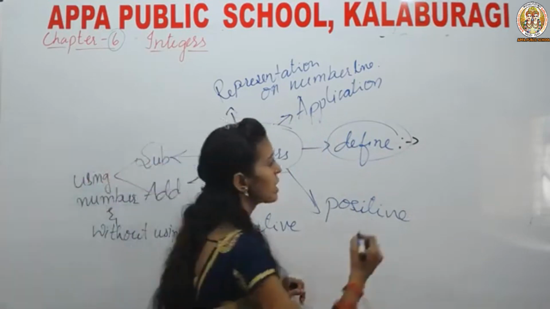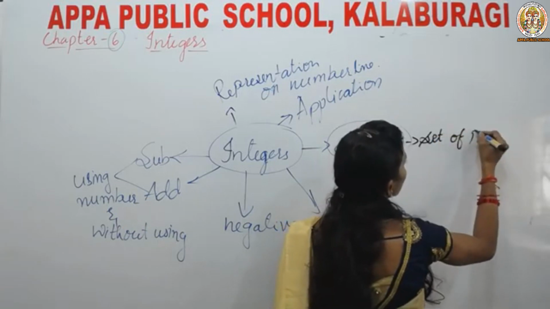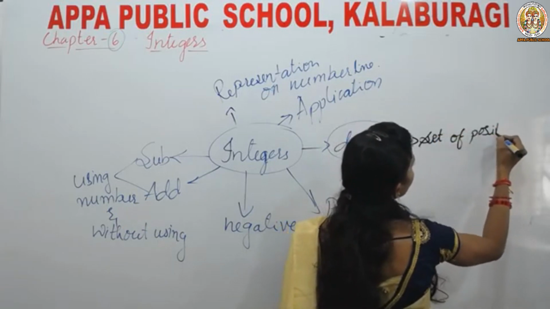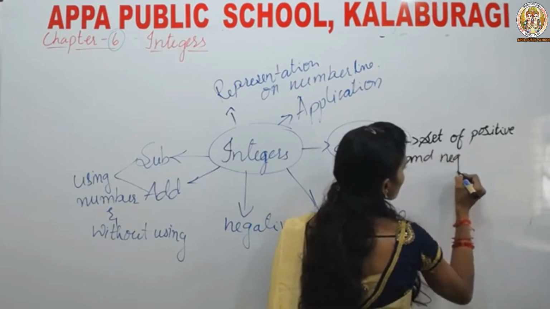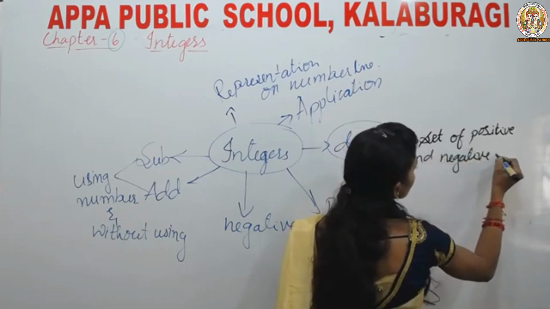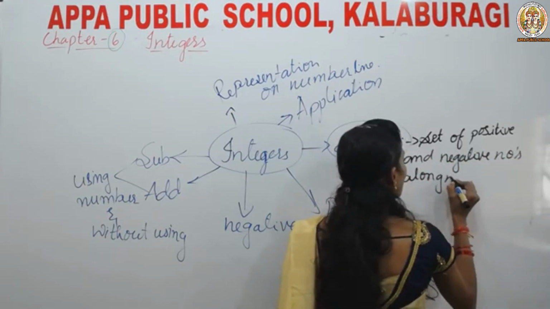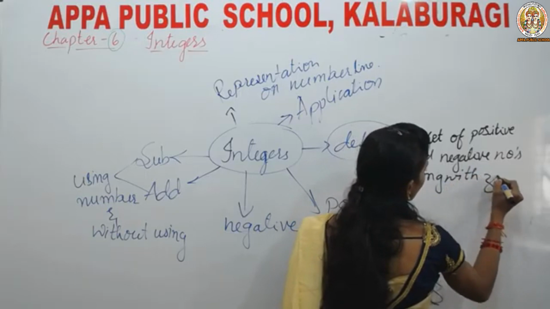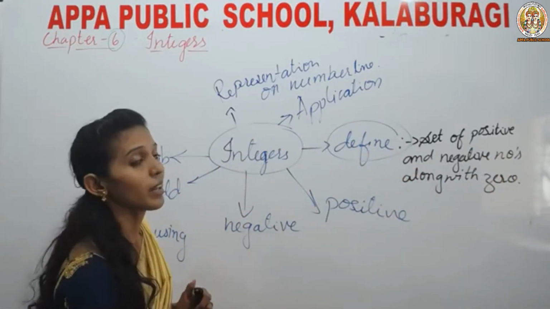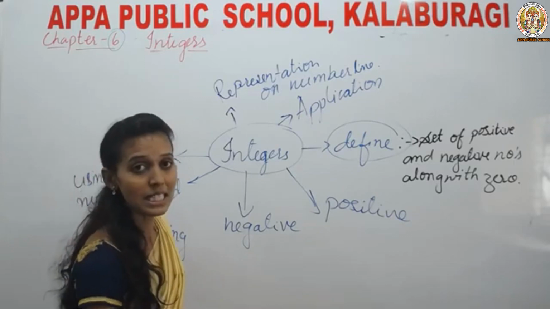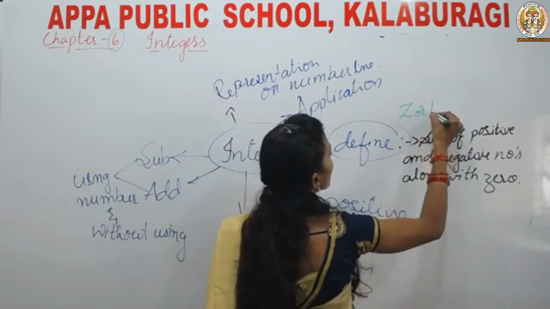Integers are nothing but a set of positive and negative numbers, along with 0. How can we represent it? We can represent it with a letter Z or I.